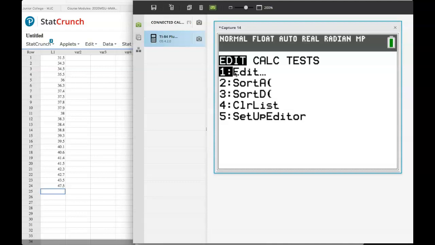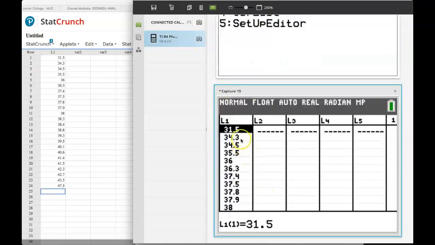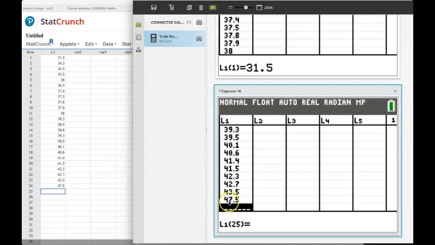Then enter all these data on this table into your calculator in column L1. So I have all data here. If you scroll down, you can see that we have more than these numbers. So this is another one for L1. So this is what I have at the end, the largest data value is 47.5.